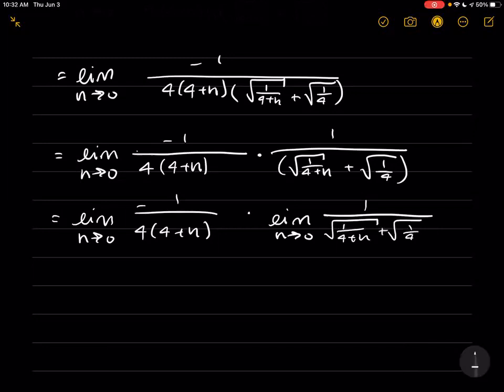Okay, now this thing here, that's just a rational function, right? That -1 over 4 times 4 plus h. And note that 0 is indeed in the domain, right? Because we plug in 0 for h, we're not going to get 0 on the bottom. So we're okay.